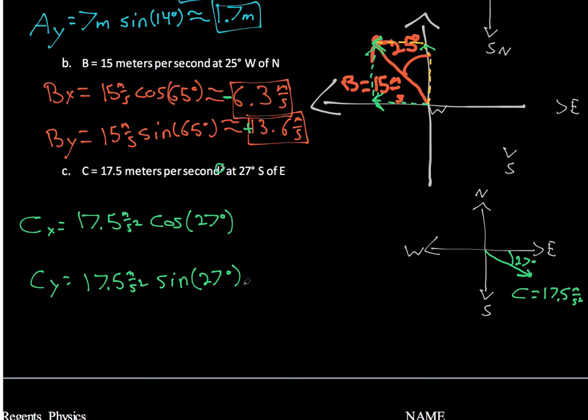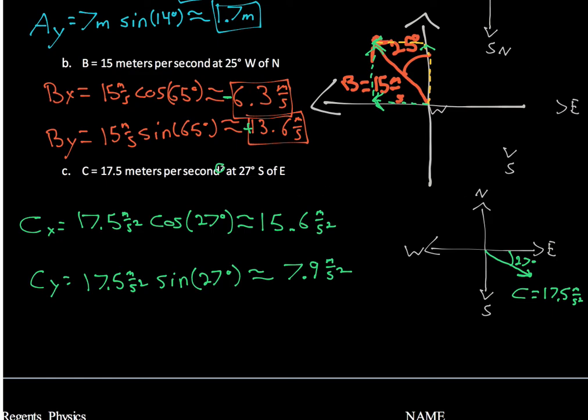So let's see what we get. 17.5 times the cosine of 27, I get right around 15.6 meters per second squared, units carrying through. 17.5 sine of 27, I get right around 7.9 meters per second squared.